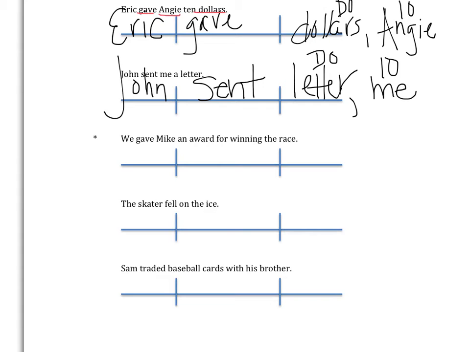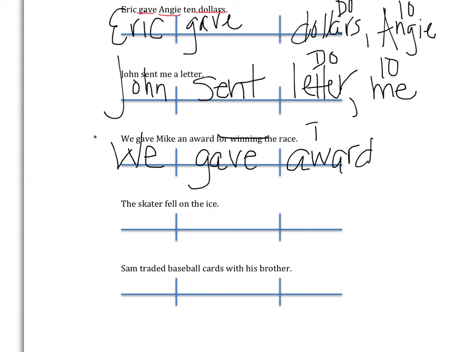Look at the verb; for winning is the prepositional phrase. Subject is we. What did we do? What's the action? We gave. What did we give? We didn't give Mike. We gave an award to Mike. So award is the direct object, and Mike is the indirect object.